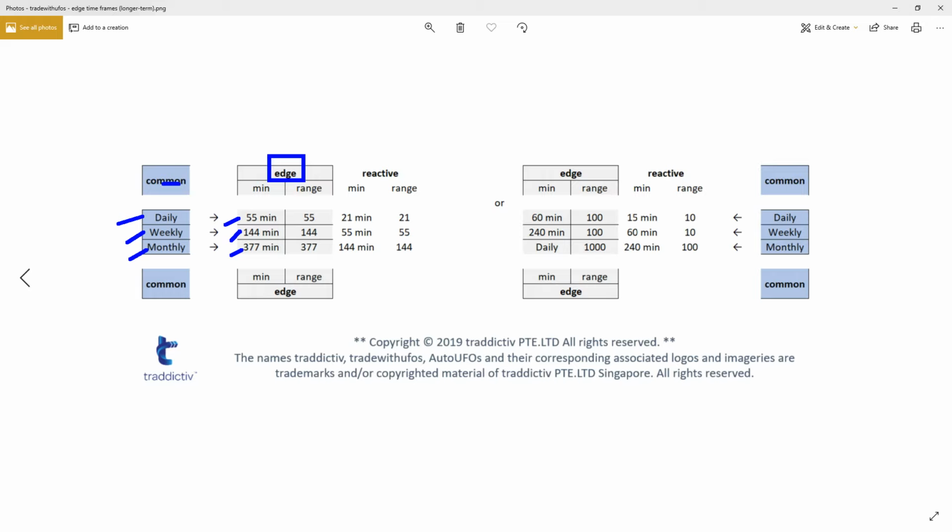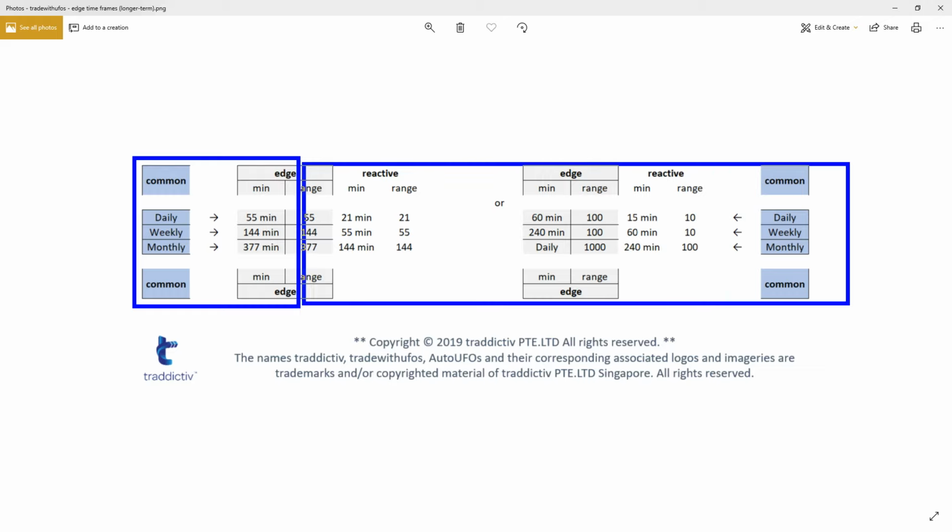Here we do have range time frames, which is something I will need to explain at a different time, because today is a Q&A, and our time today is for questions and answers. So the answer to your question is in the right part of this table. What's inside the blue box is what you need. Everything else on the right, we'll need to explain.